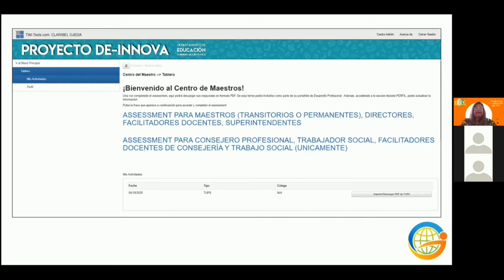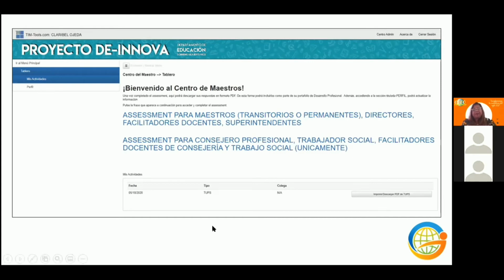The Teacher Center, which is a wonderful place in the TOPS that has many different tools, we made sure we temporarily eliminated access to all those other tools. So when the teacher came in, it was very simple to go into the assessment. Initially, the assessment for teachers and school directors was the only one available.